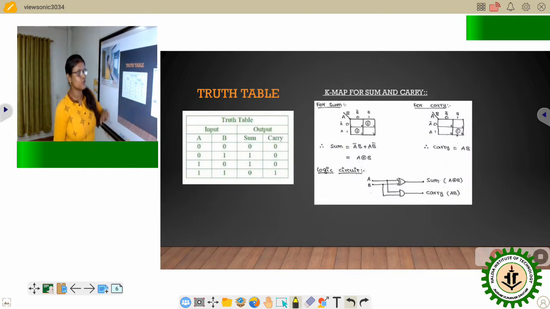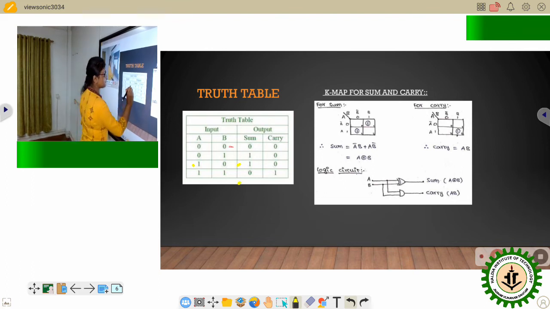This is the truth table of the half adder. It takes two single bit digits, so we get 4 possibilities: 0 0, 0 1, 1 0 and 1 1. For 0 0, the sum is 0 and carry is also 0.